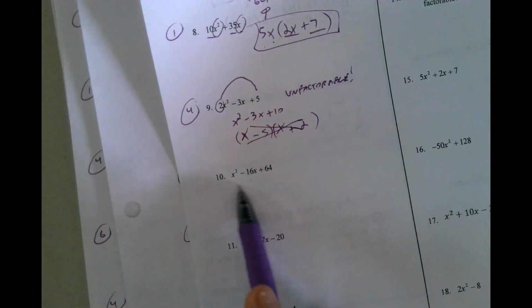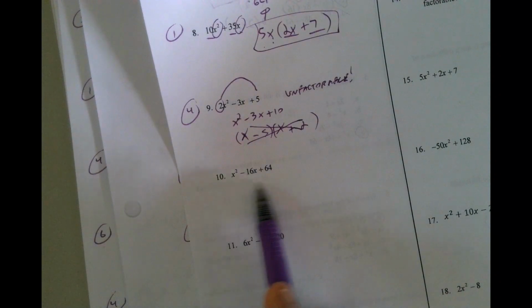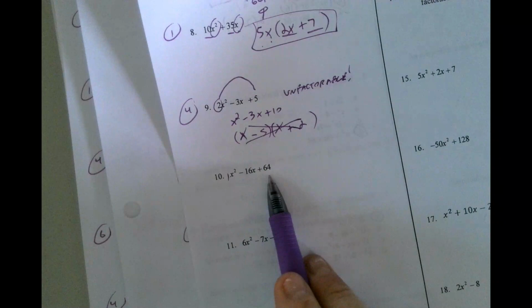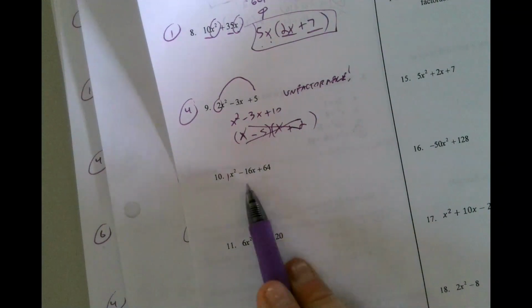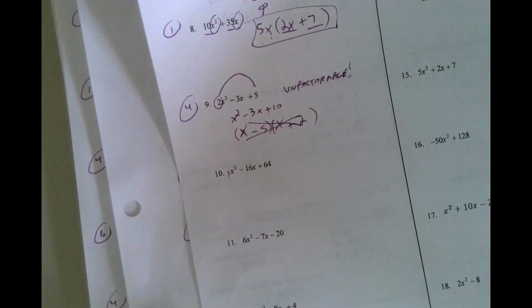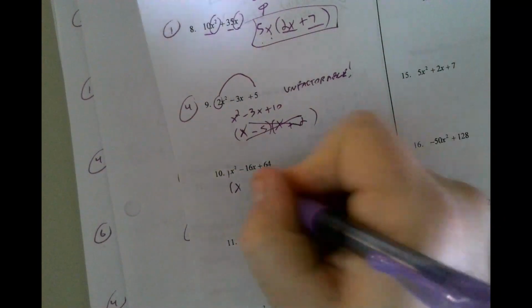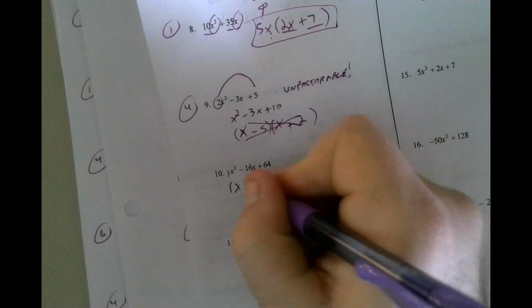Okay. A general try. Good. 1 out front. Are there any factors of 64 that make negative 16? 8. Good. So all you do is you split it up into x and x, 8 and 8, both minuses.